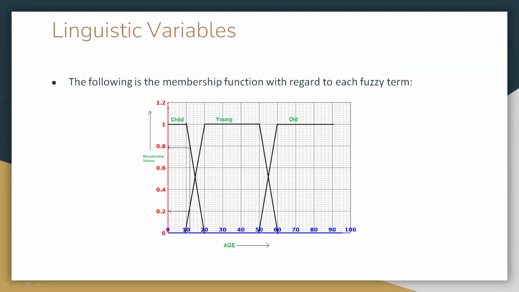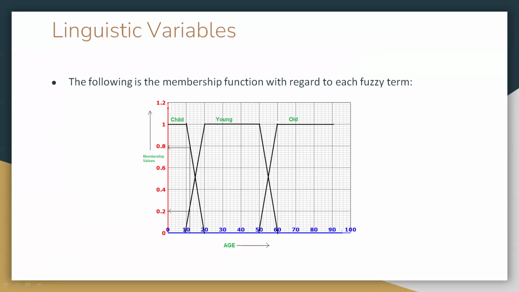Say, for example, a person is shown as a child if the age varies from 0 to 10, and it is completely in the set, with membership value 1, when the age varies from 0 to 10. Suppose that the age is 11. When the age is 11, we get a membership value of roughly 0.75, identified by the mark shown there.